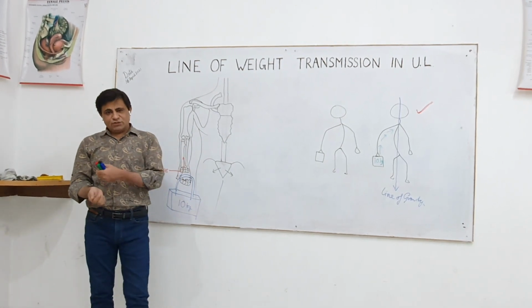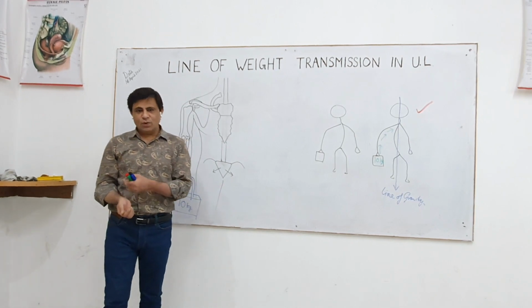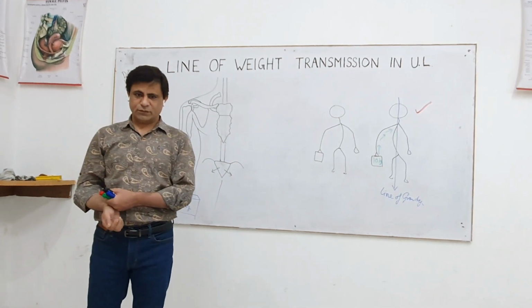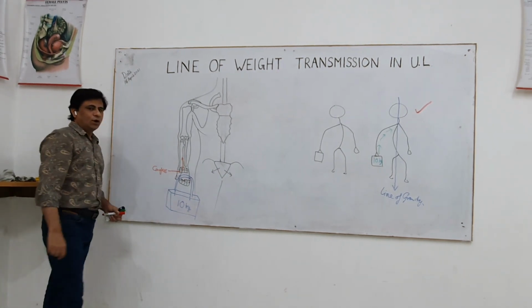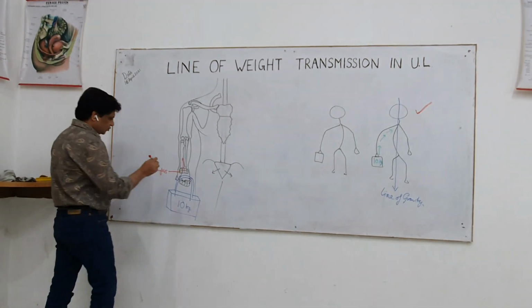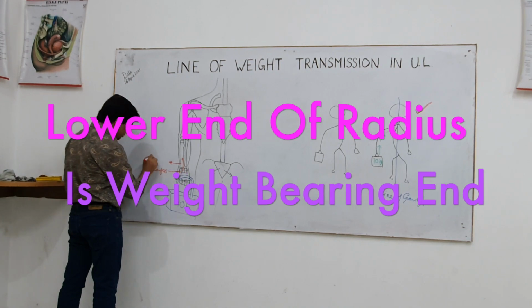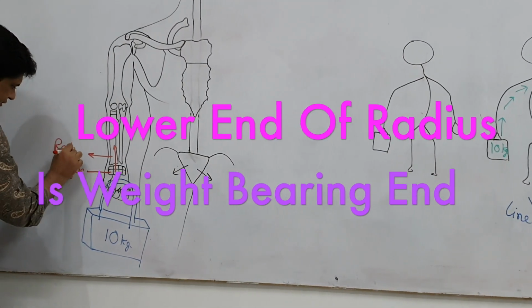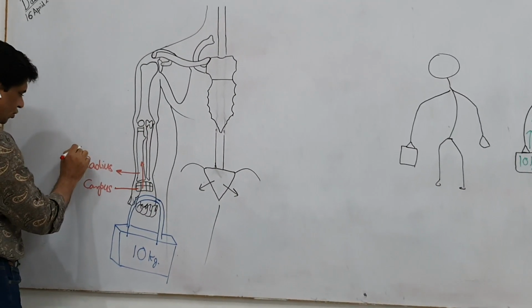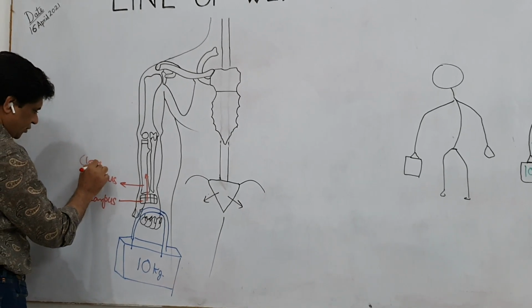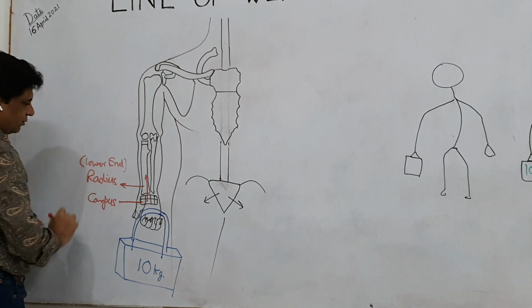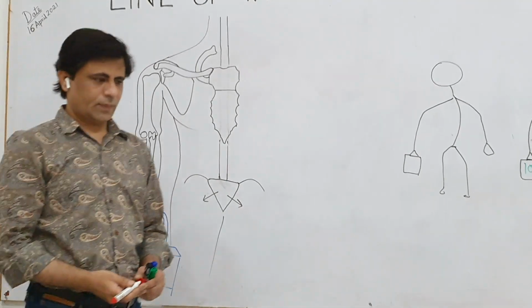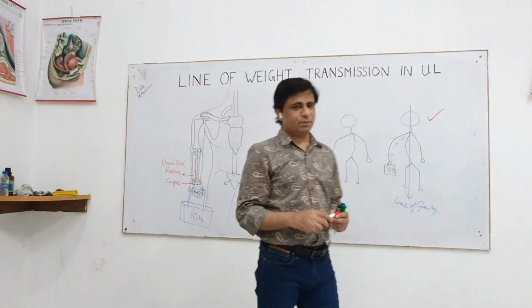So weight is shared to the radiocarpal joint, right? From there, the weight is shared to the lower end of the radius. So this is the radius. Remember, the lower end of the radius is the weight bearing end, because the ulna does not participate in the wrist joint.